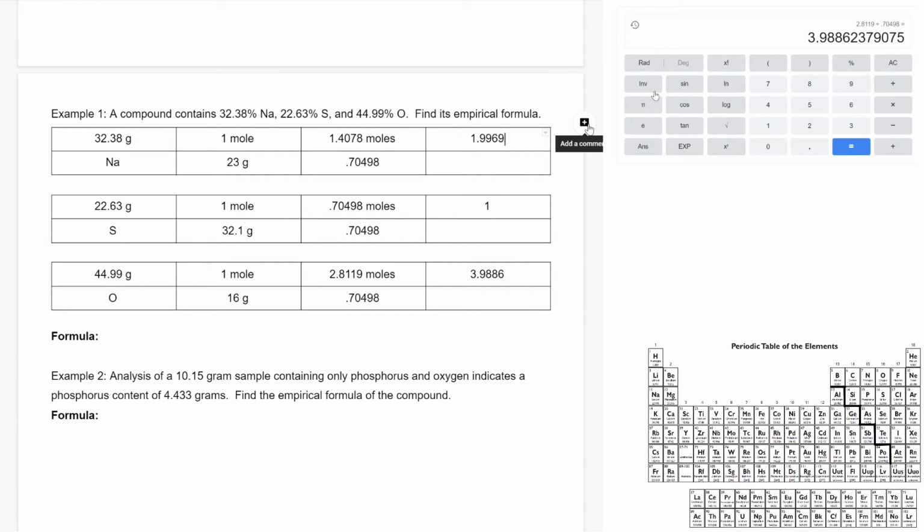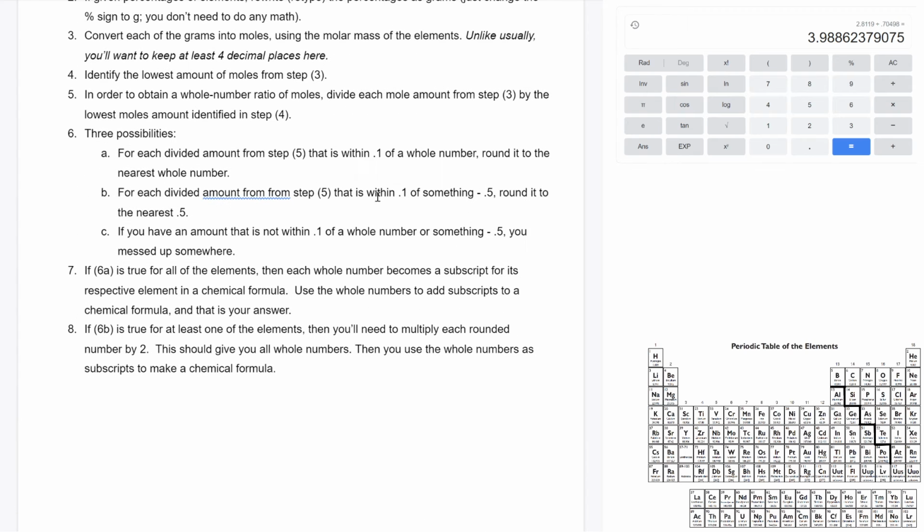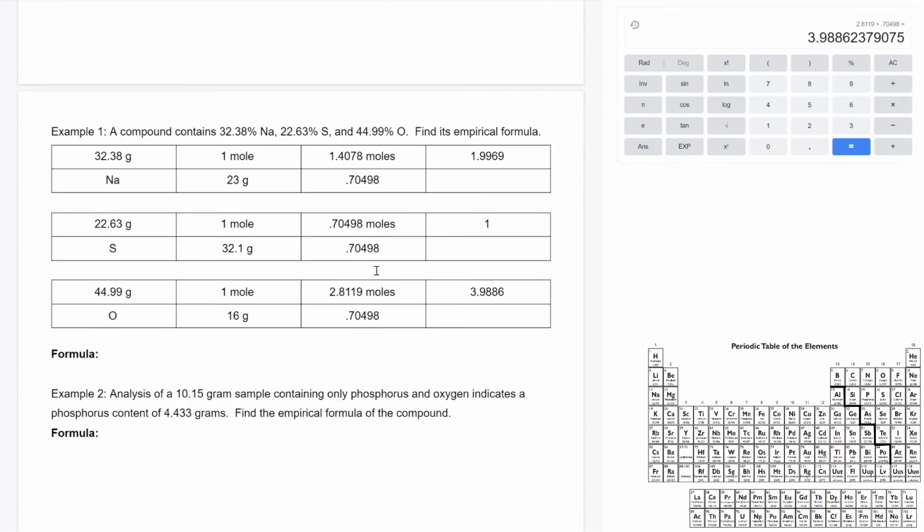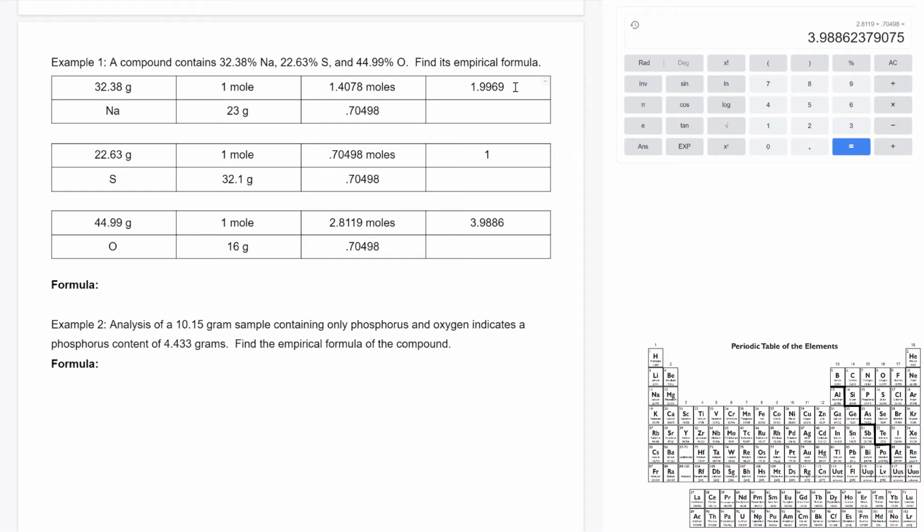Now after we've done that, if each divided amount for a ratio is within 0.1 of a whole number, then we can round these values to the nearest whole number. So that's within 0.1 of 2, and that's within 0.1 of 4, rounding up. That's obviously 1.